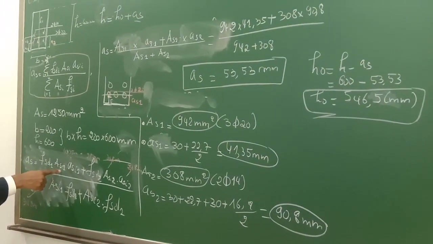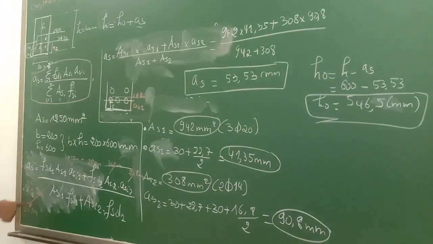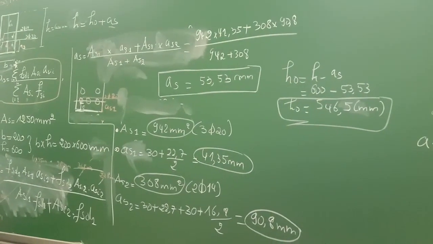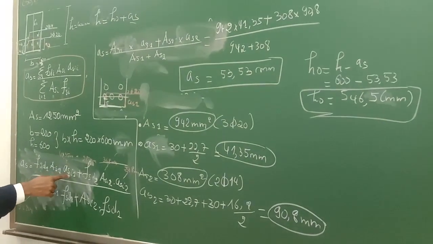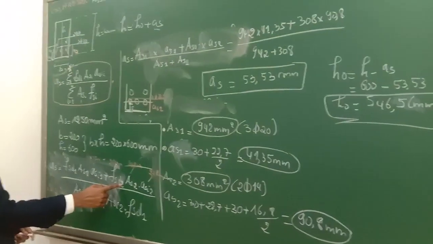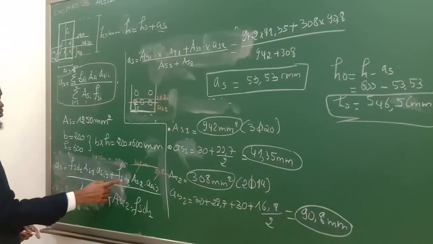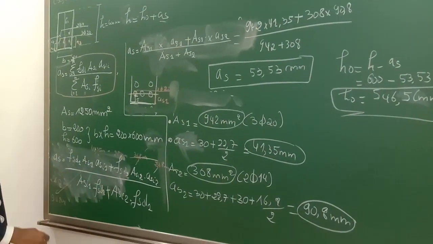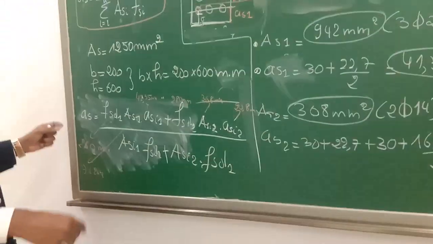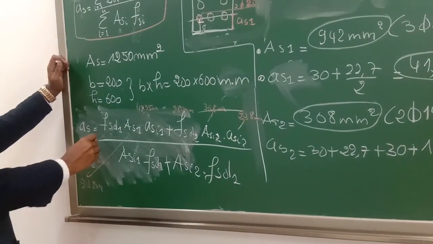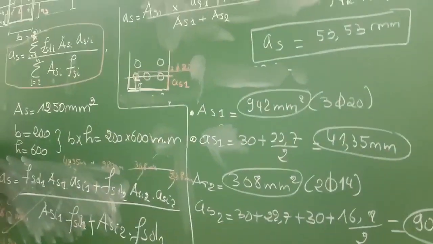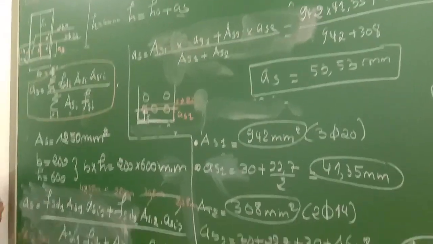For AS1 we know it is 942. FS2 is the tensile strength. All those things are related to the kind of steel we use. Because we will use the same steel, the tensile strength will be the same.